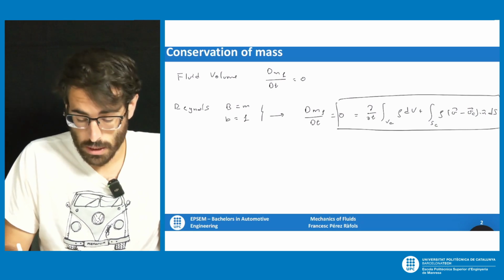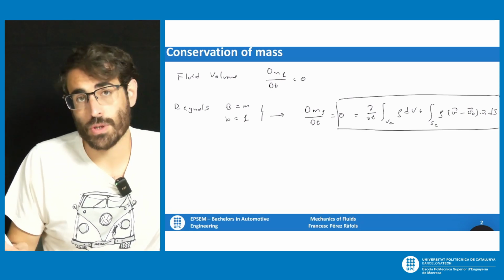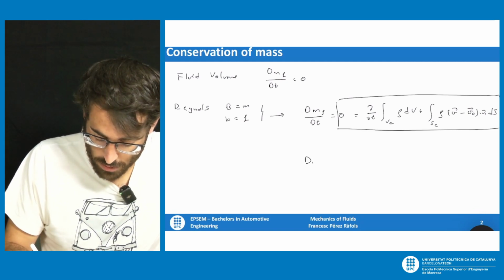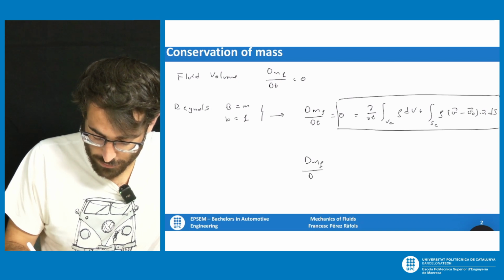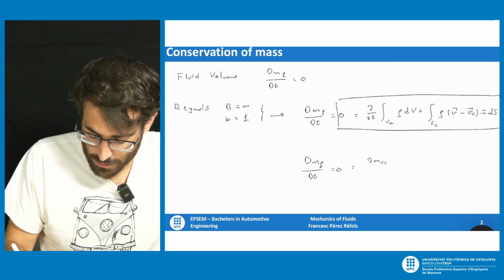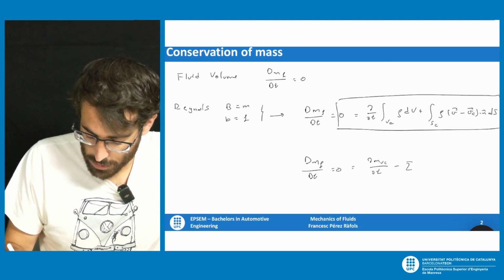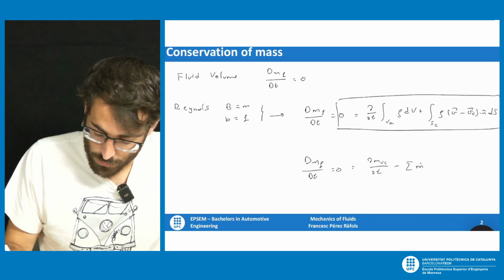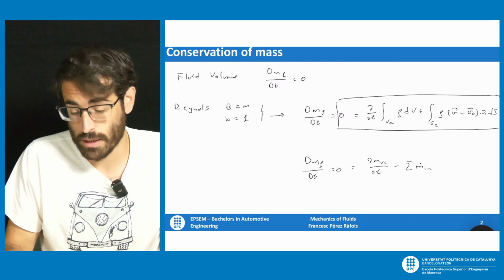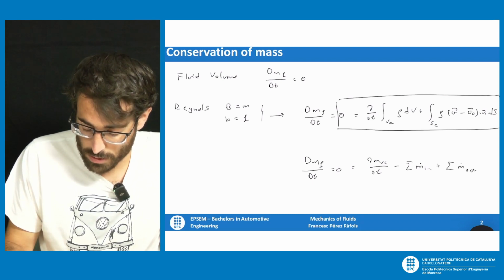This is true in all situations. Of course, we also saw the simplified version of the Reynolds transport theorem, so we can write again dmf/dt, which is 0, as the change of mass in the control volume minus the sum of the mass flowing in the inlets, plus the sum of the mass flowing out in the outlets.